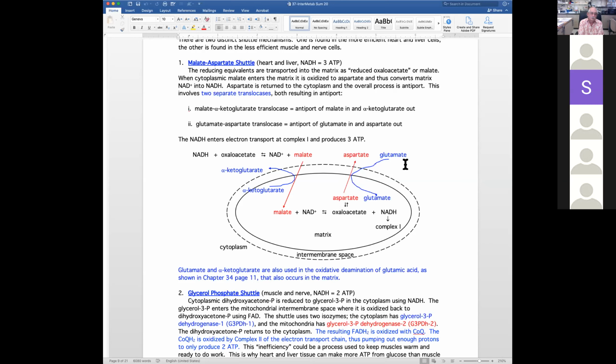You turn it into glutamic acid. Can you imagine what would happen to the cell if you simply shut down this transporter right here, or this one right here, or this enzyme right here? You would really be messed up, wouldn't you?